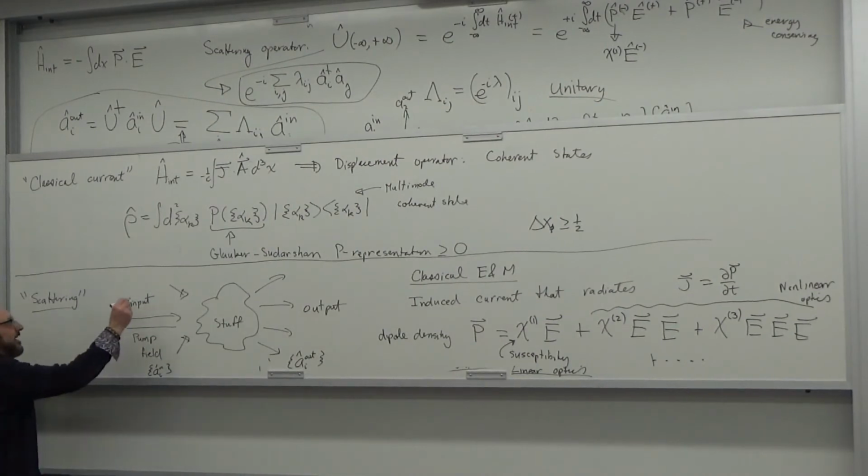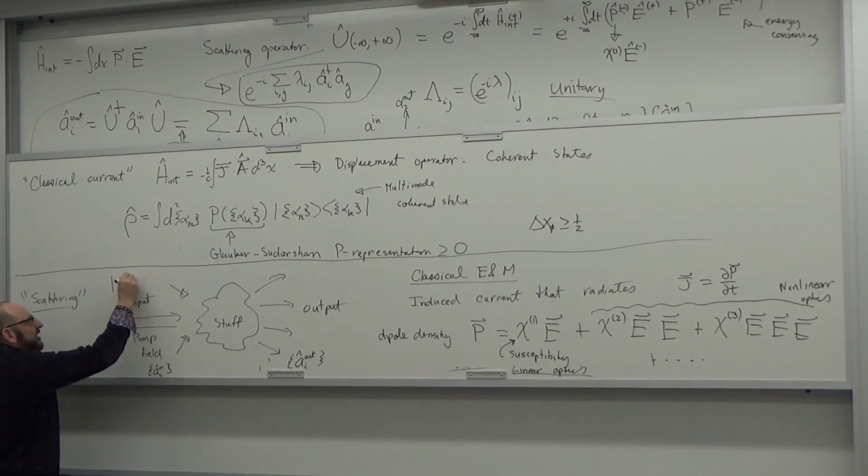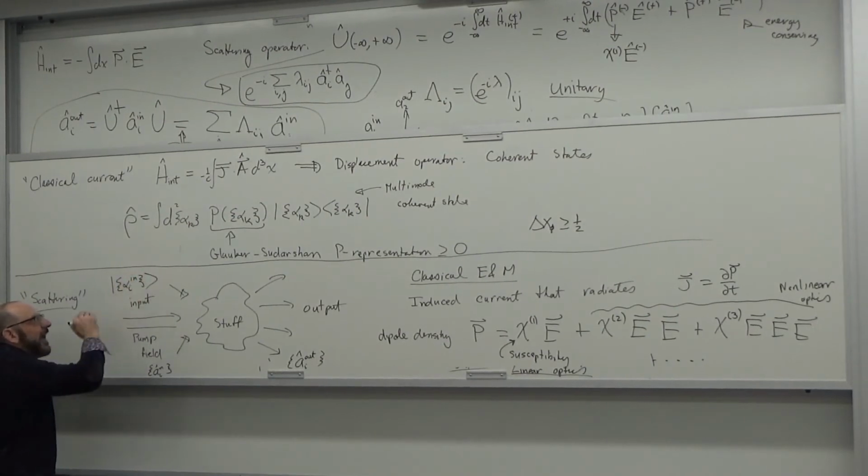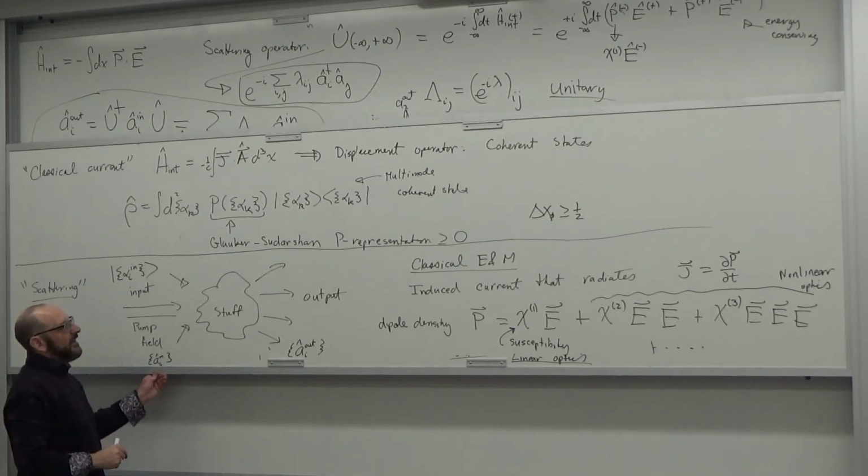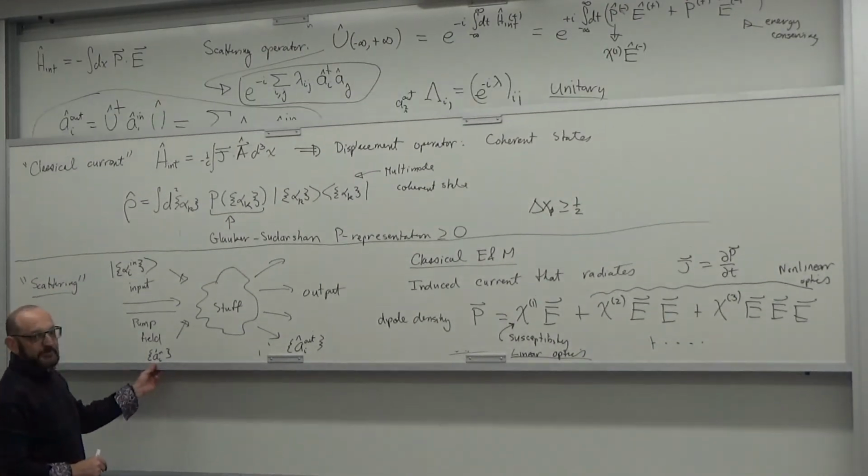And I put in here, let's say, some kind of laser field, I'll think about it as a coherent state, a multimode coherent state. The question is, what is the state that I see coming out?